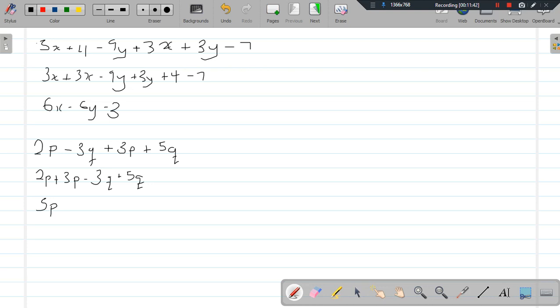So I will give the 3 items that I am owing to the person, and I'll be left with extra 2 items. It means those extra 2 items belong to me, so it's positive. So I have plus 2q, and that is the final simplification of this particular expression.